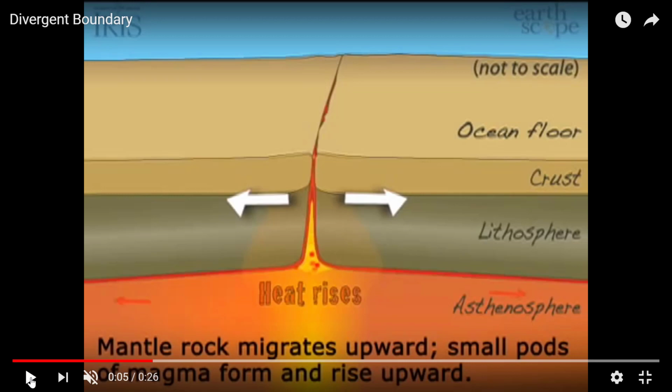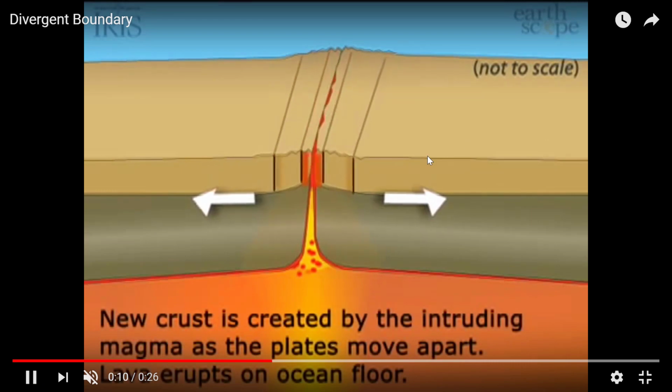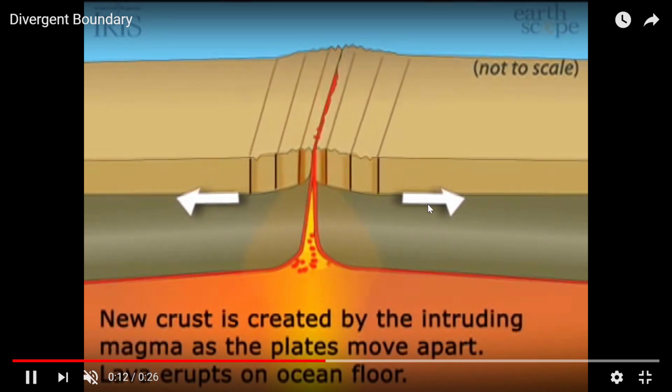So now we're going to look at our types of boundaries. There are 3 different types. Remember, a boundary is where 2 tectonic plates meet. So the first type that we are going to talk about is a divergent boundary. And this occurs when 2 plates move away from each other.